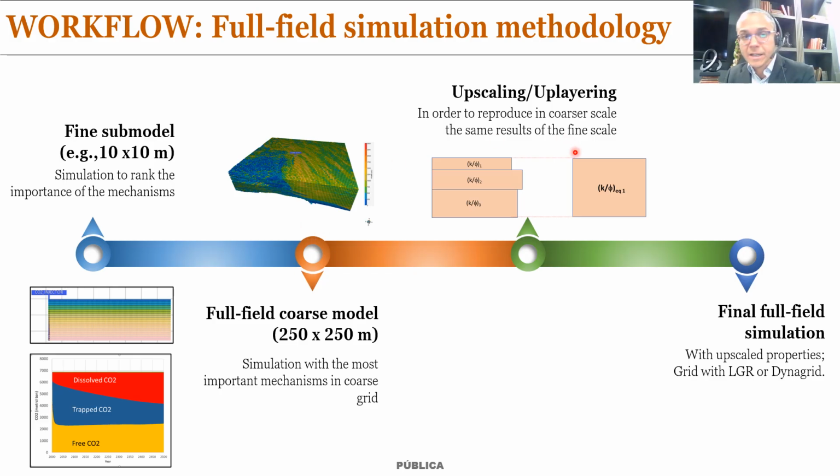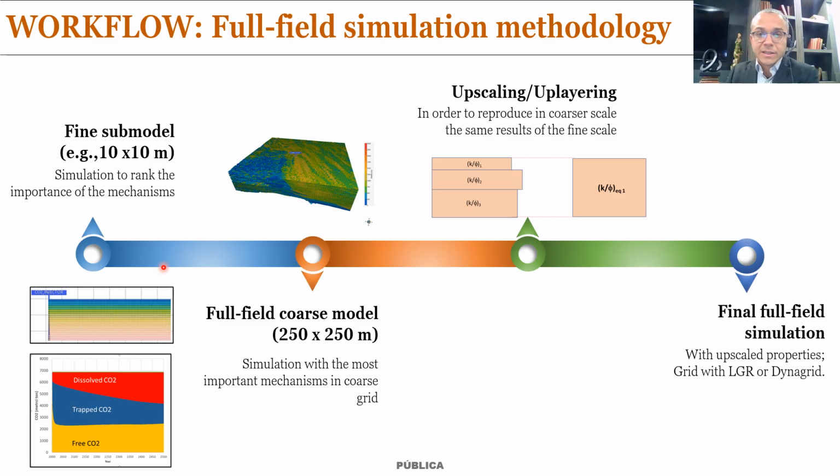The following step is to evaluate the application of a single-phase upscaling, combining layers, preserving the main petrophysical heterogeneities. And the last step is to adopt a dynamic grid refinement according to the synthetic case results.